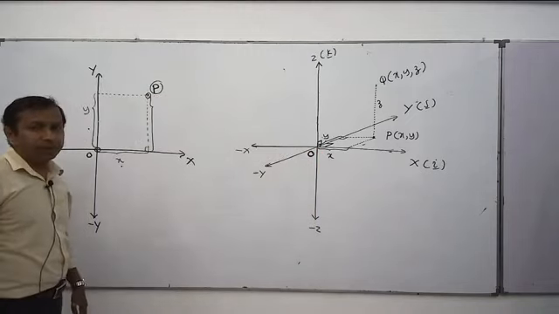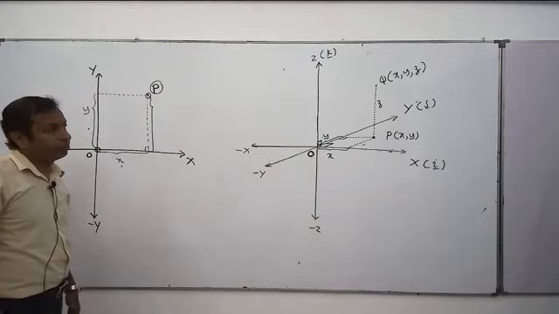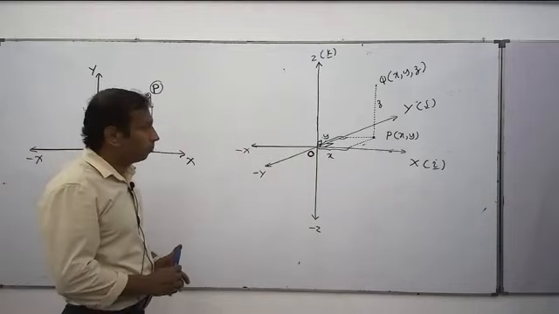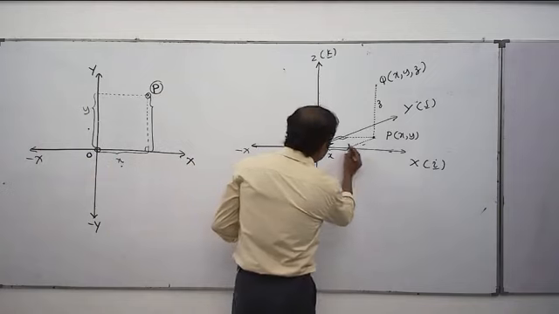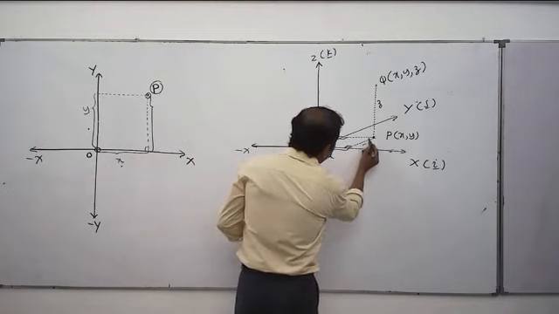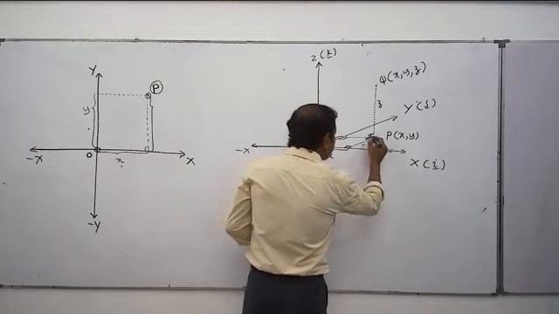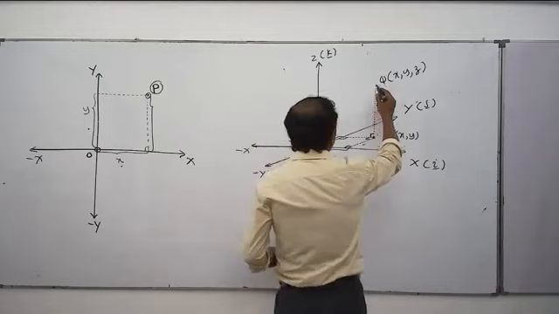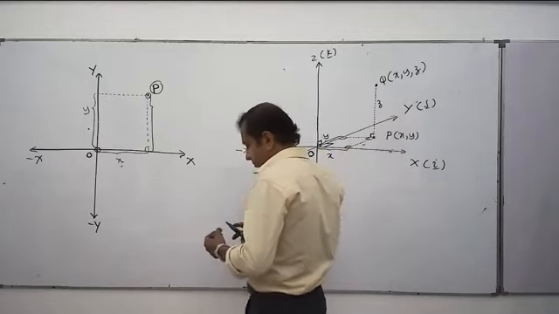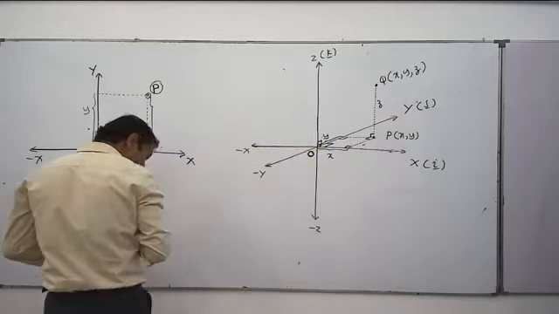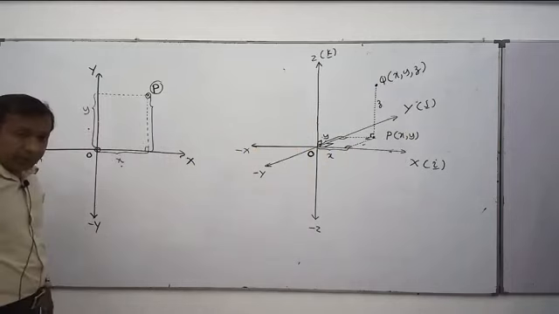We'll write a small note. Here this angle is 90. Here also this is 90. This is 90, right? Okay. Write down like this.